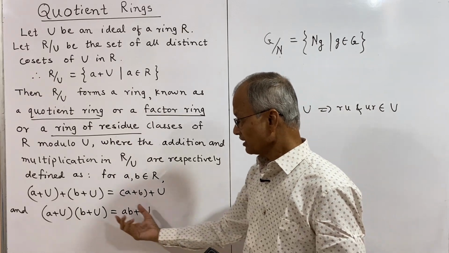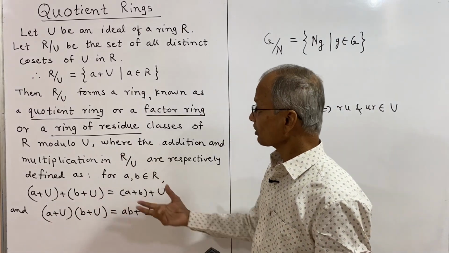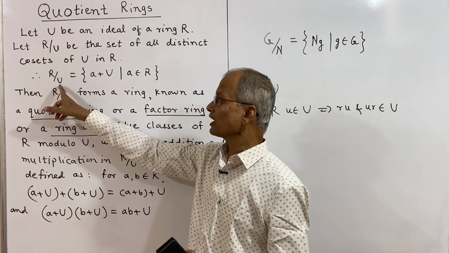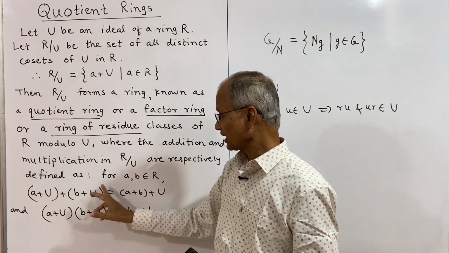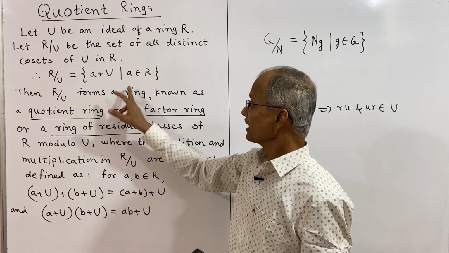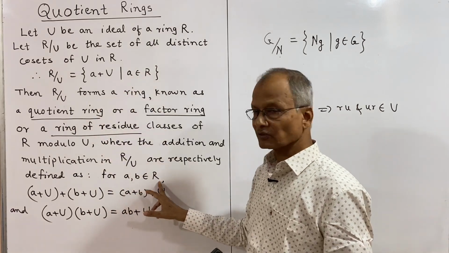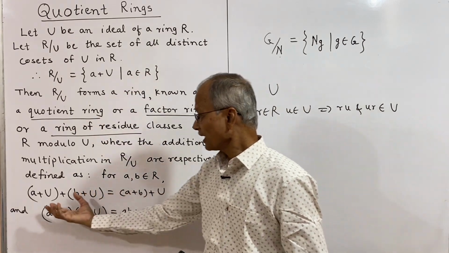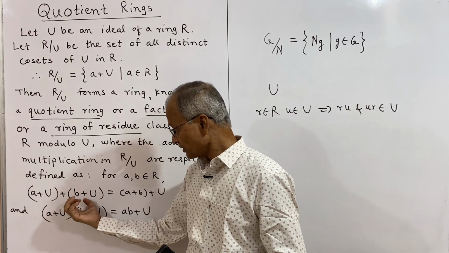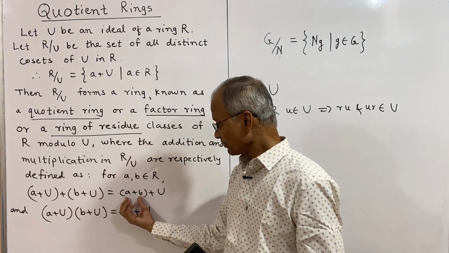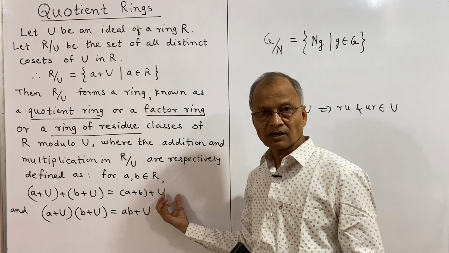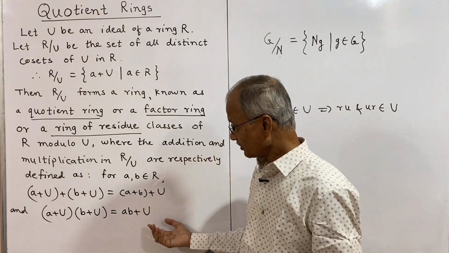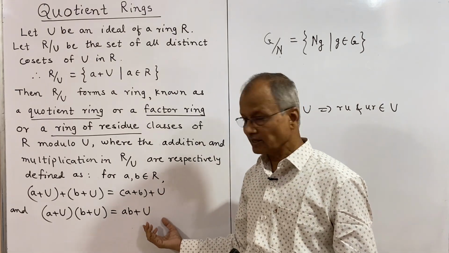Addition is defined as follows: two elements in R/U are taken as a plus U and b plus U, where a is in R and b is also in R, and their addition (a plus U) plus (b plus U) is equal to (a plus b) plus U. In this way the addition is defined, and we will show this is well defined.